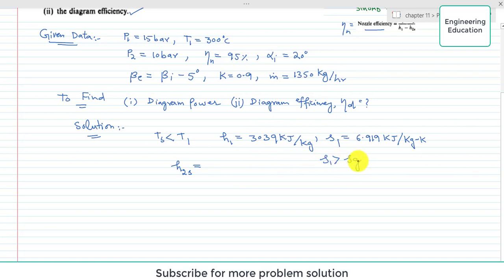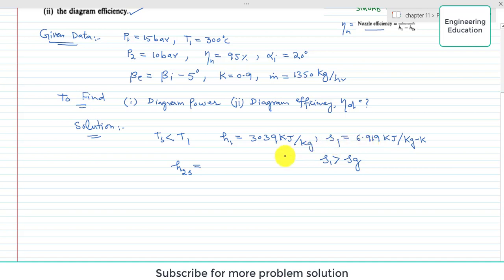So at 10 bar and at this specific entropy value, we predict that the steam is in superheated form.